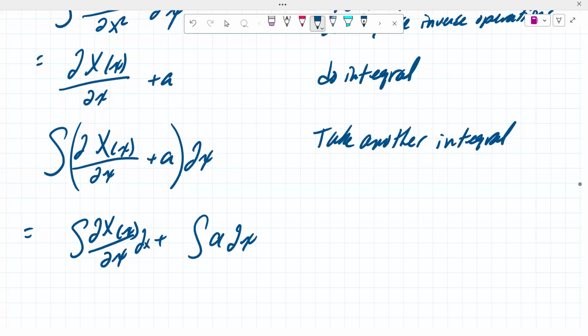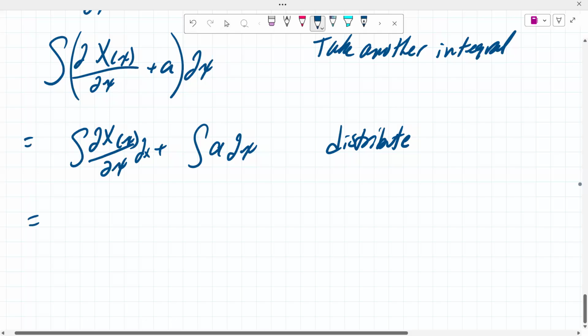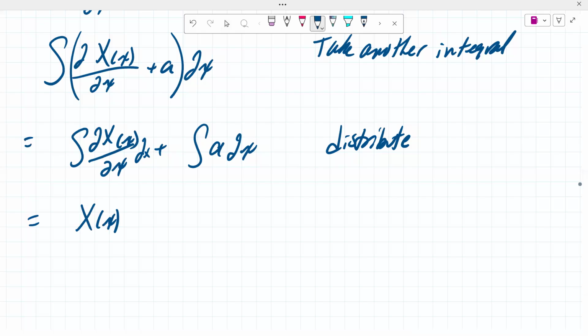Right, this is distribute. Integral distribution is allowed. Equals X of x. Right, so these cancel out again. Plus a new integration constant b plus ax. Right, so we did the integration.